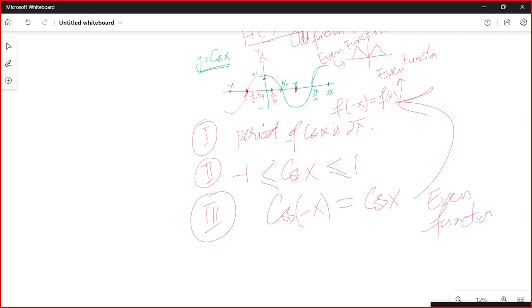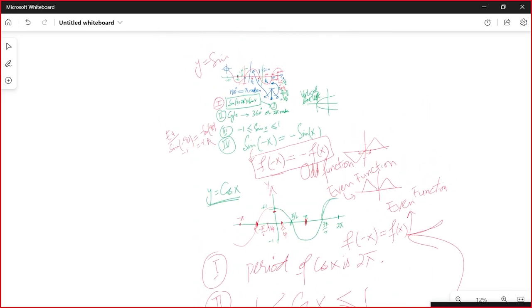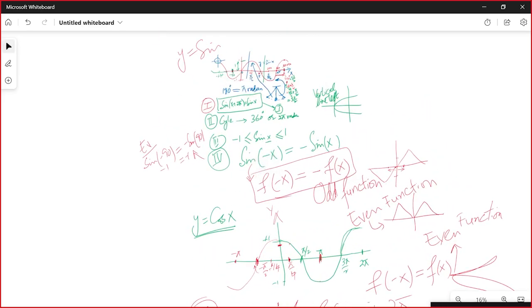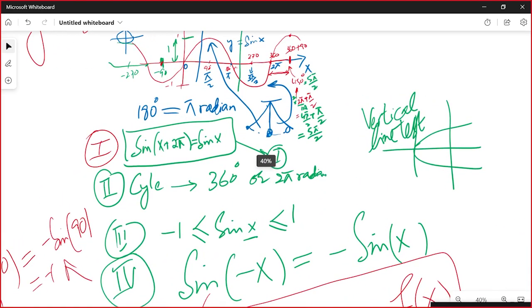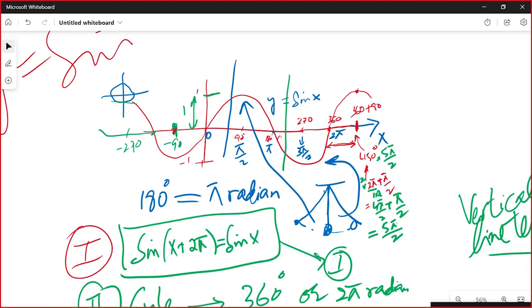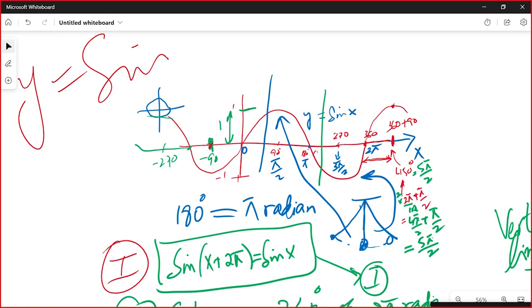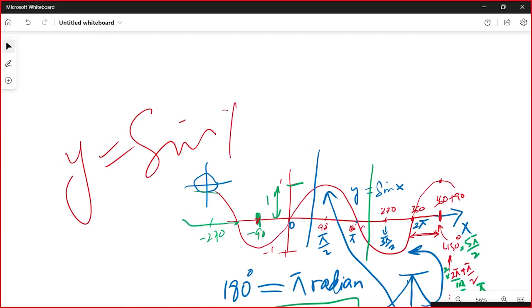Something very interesting now. We haven't drawn these two graphs on one scale, but you can think of this red one as y is equal to sine x. Let's say you push this graph 90 degrees towards the left, meaning we push the whole graph left so this point, pi over 2, moves. What will this graph become?